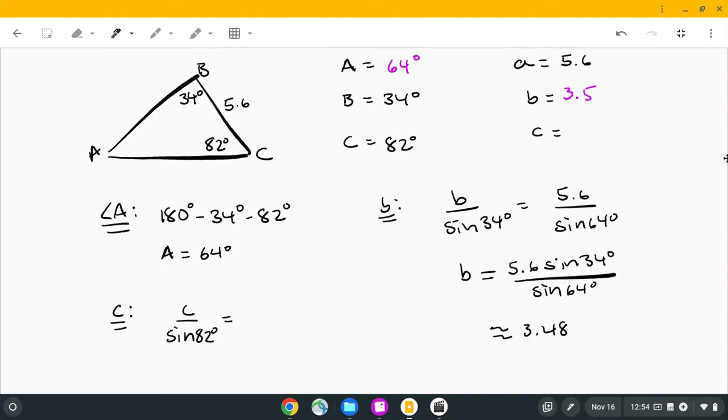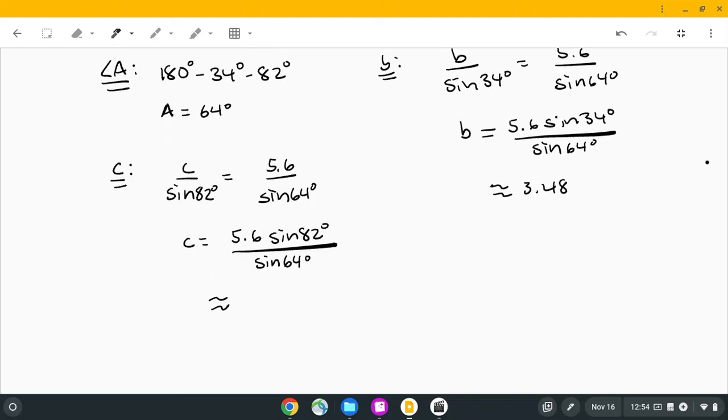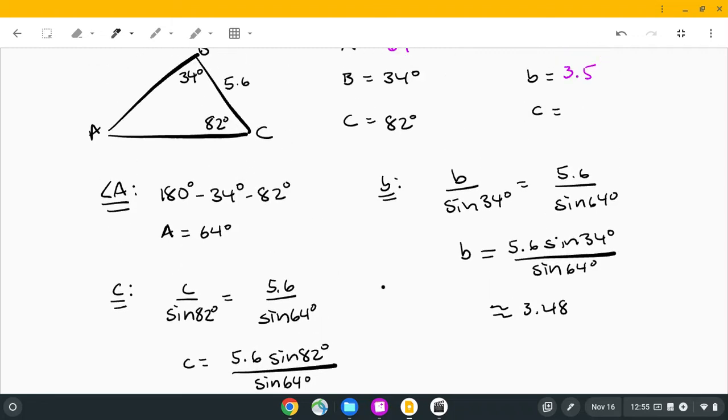Okay, so 5.6 over sine 64. Okay, and so lowercase c is equal to 5.6 times the sine of 82 degrees all over sine 64 degrees. And that is roughly 6.17. But since we're doing 2 significant digits, we'll round this to 6.2. Okay, so 6.2.